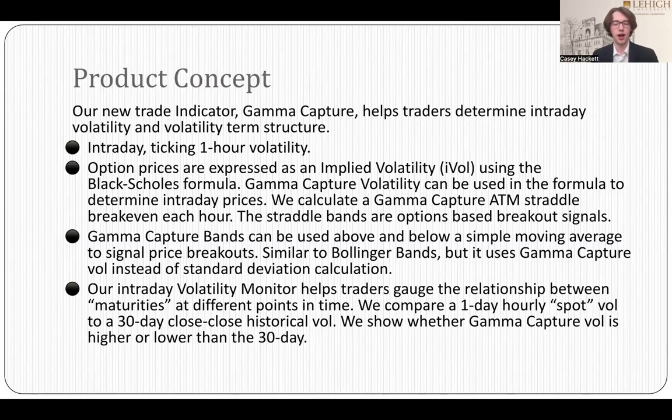We also compare it to the current IVOL from the current options chain, using gamma capture volatility, comparing IVOL and RVOL. We also calculate the straddle price for people to compare with the current market. We create Bollinger Bands, and we generally just want to be a baseline for people to compare the current market IVOL and maybe other RVOLs that they're getting to feel more confident in their value.